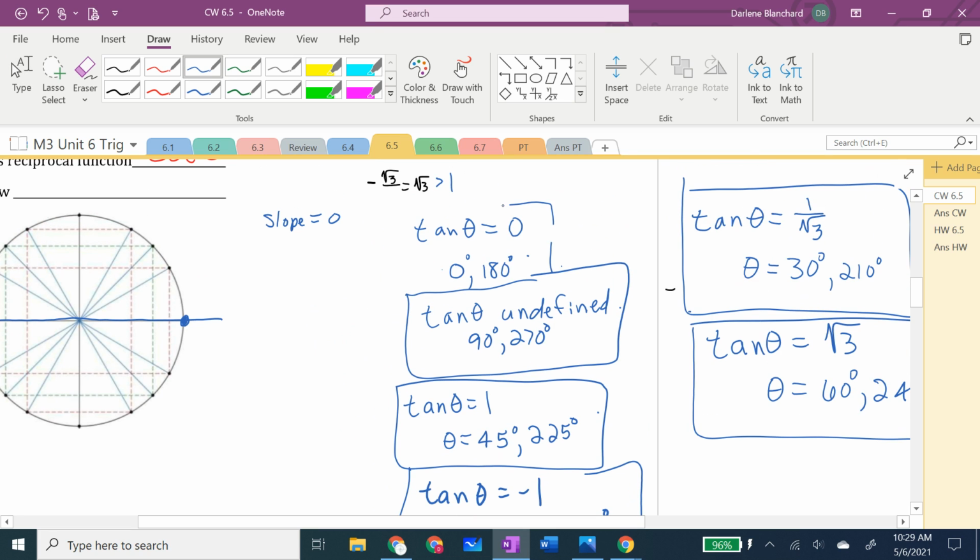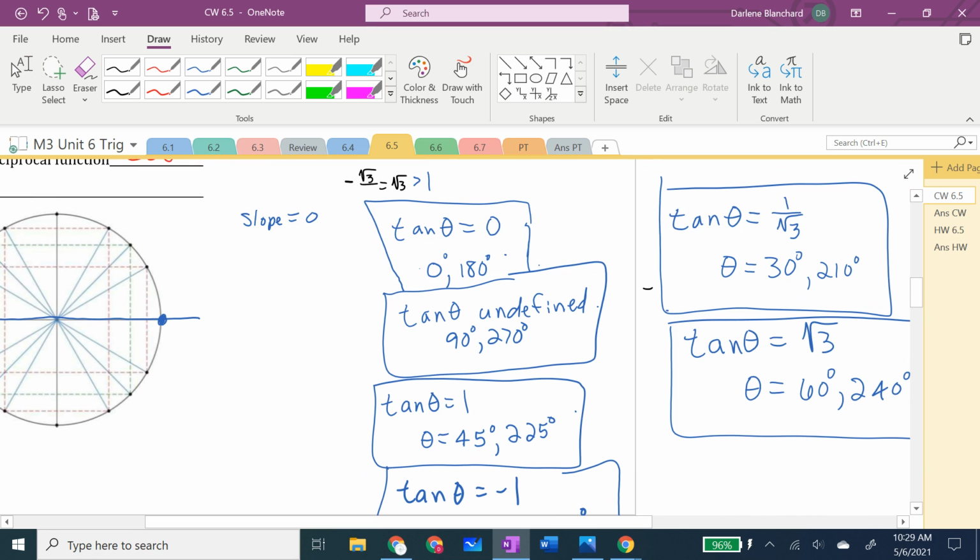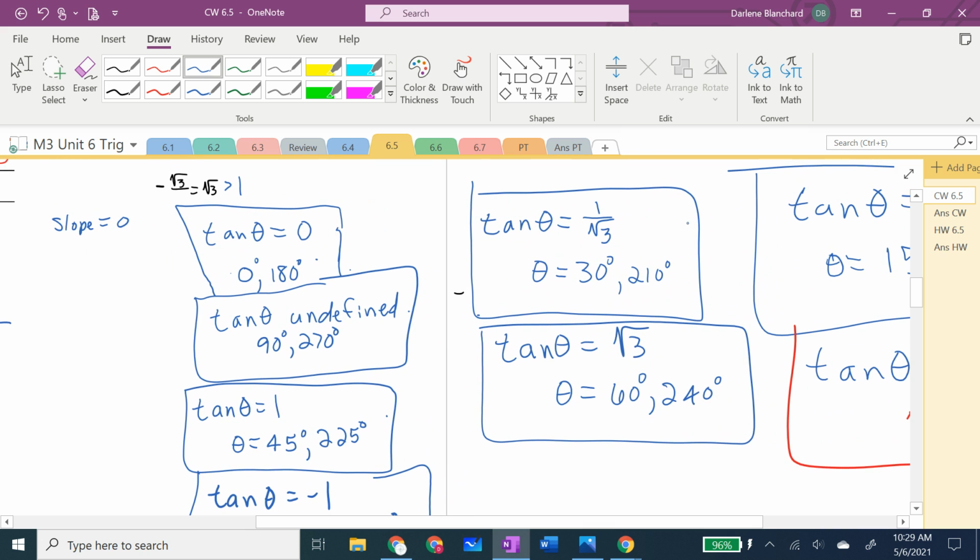Let me make sure this is clear. Okay, yeah, that makes sense. This is the one to the right of it. You see what I mean? This one? So that one is 30 degrees. I just don't know why that is.